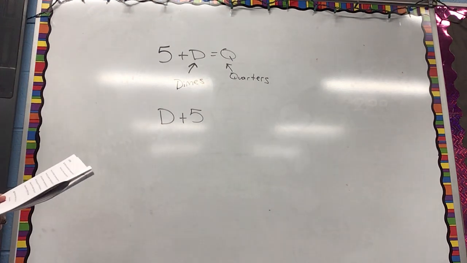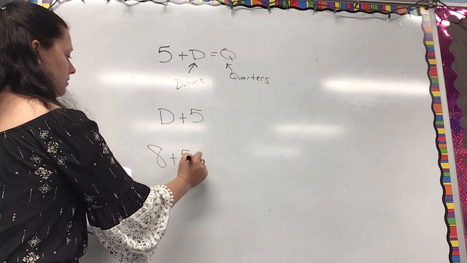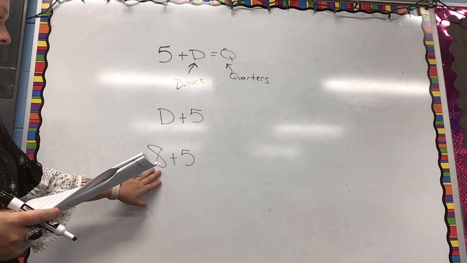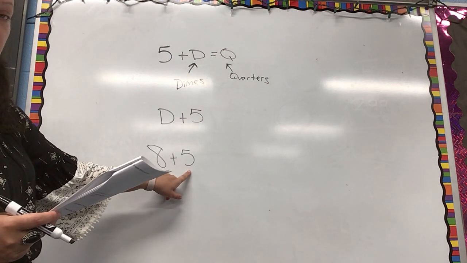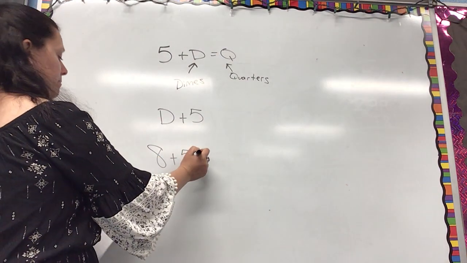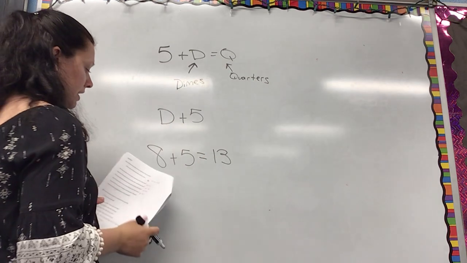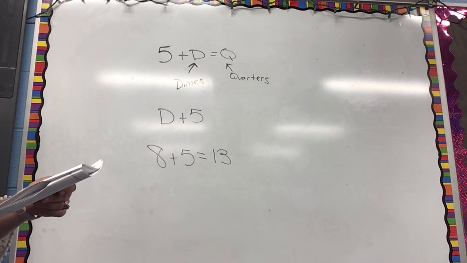Raina? 8 plus 5. Yeah, you could do 8 plus 5. Because it tells us that she has 8 dimes. And I know that she always has how many more quarters? 5 more. For a total of then how many? 15. Very nice.